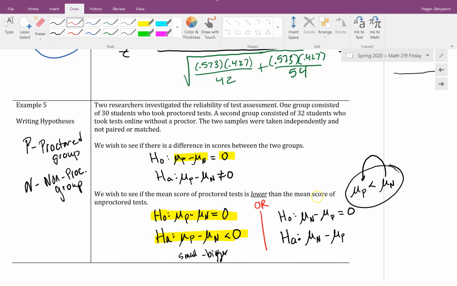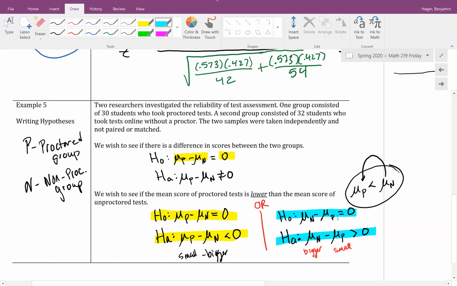Now if I think that the proctored test is lower, here's my small number, here's my bigger number, because I think the proctored test scores are smaller, then I've got a bigger number minus a smaller number. That would yield a positive result. This would be perfectly legit and fine to do as well. So you do have to be very careful about who is going first, and you have to be consistent. And there's not a right or wrong way to do it. You just need to be consistent and then be aware of which direction that inequality sign should go.